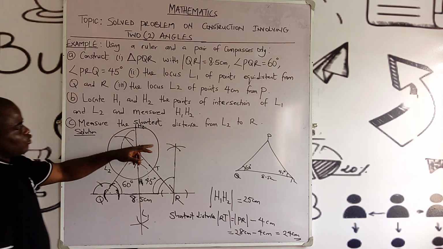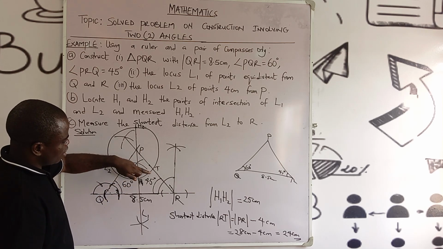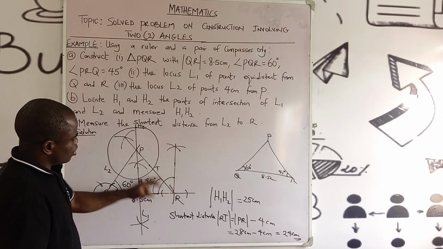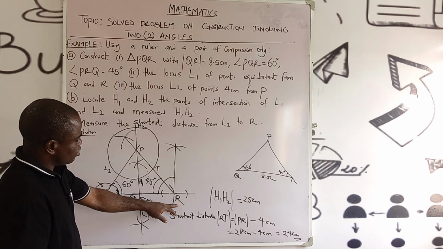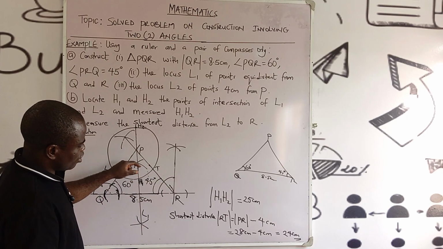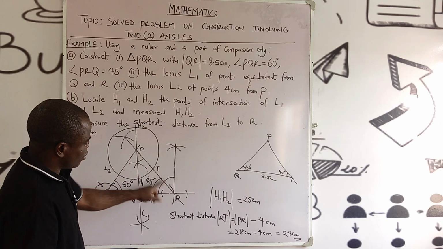The shortest distance from L2, this circle is the L2, to R, the shortest distance is TR. The total length is PR. Remove PT from PR, you have PR minus 4.